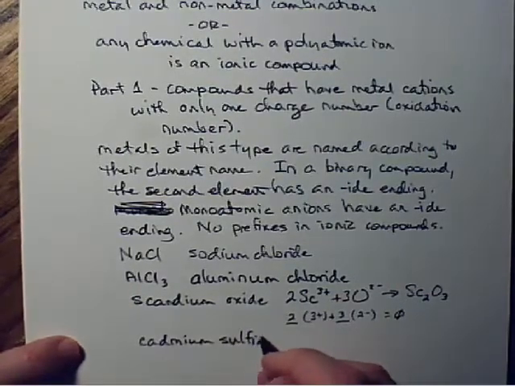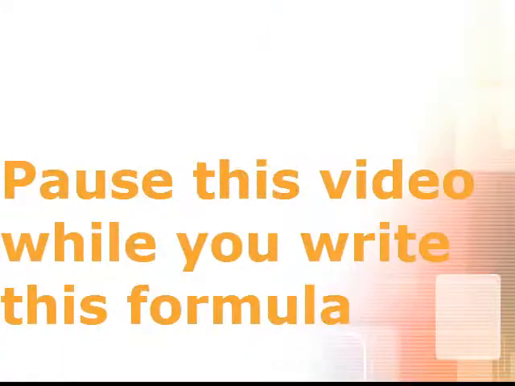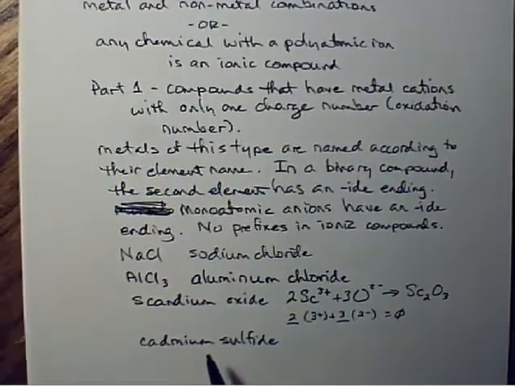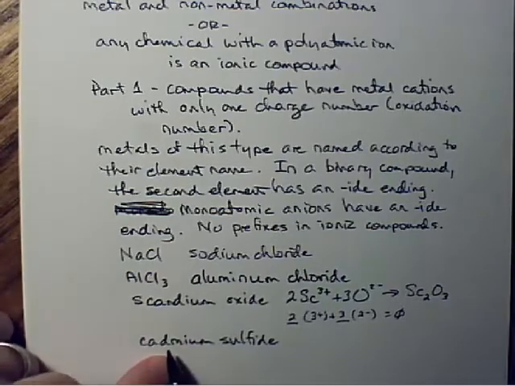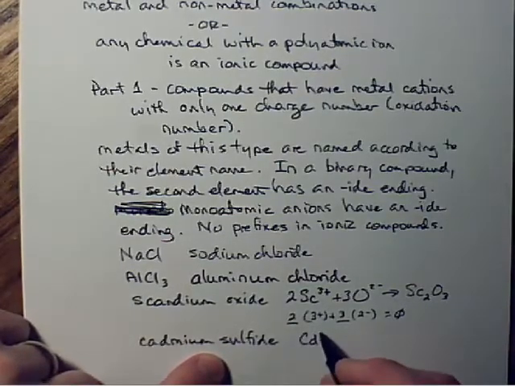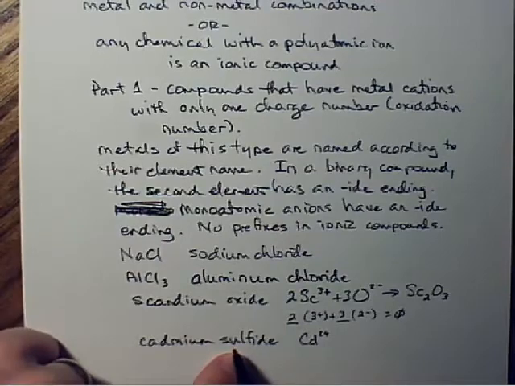Cadmium sulfide. So cadmium is in the last column of the transition metals, and all of those elements have a 2+ charge, except that mercury can sometimes also have a 1+ charge. But this is 2+, so that's capital C, little d, 2+. That's cadmium.